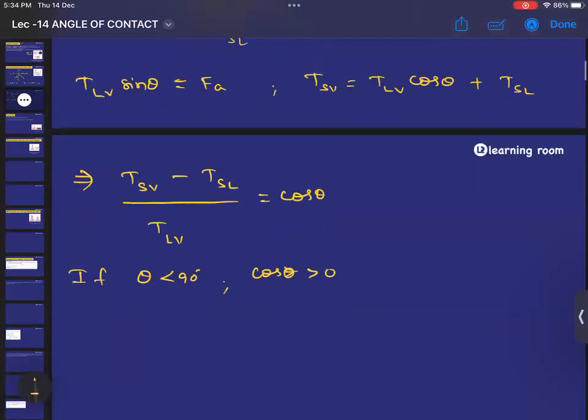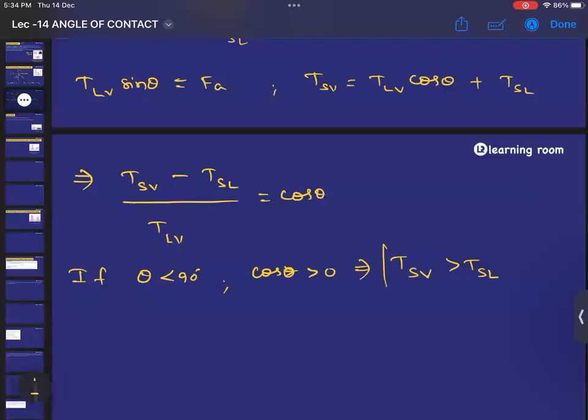Yes, sir. So if cos theta is positive, can I say that TSV is greater than TSL? Because TSV minus TSL is cos theta. So if cos theta is positive, then TSV is greater than TSL.